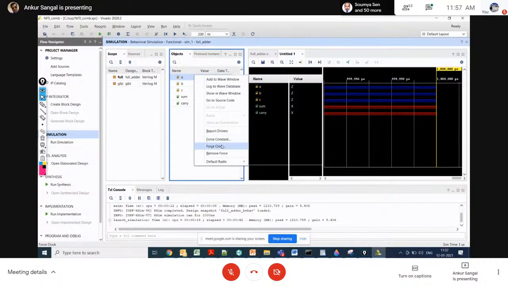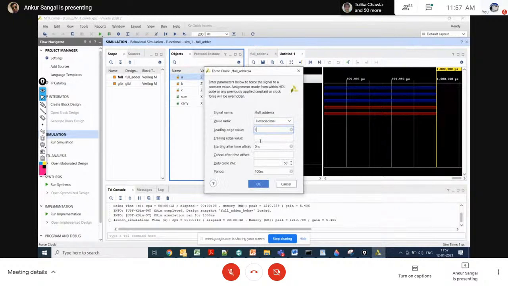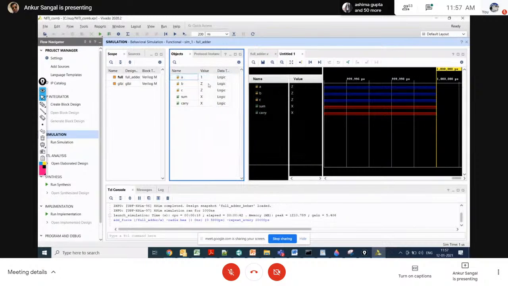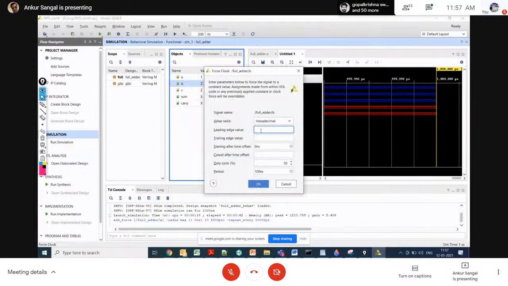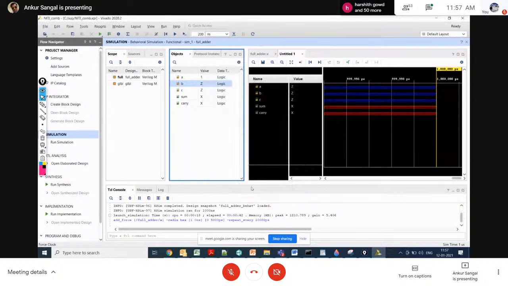With the help of these options, you can insert your input vectors. So you have selected here force clock.